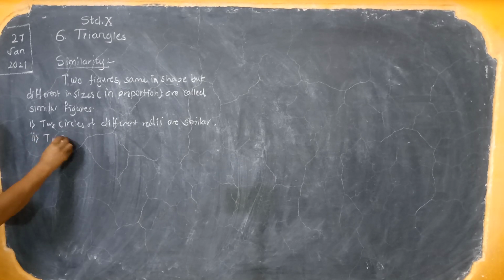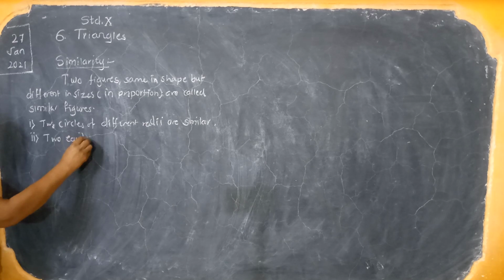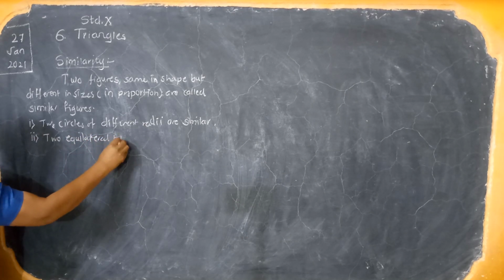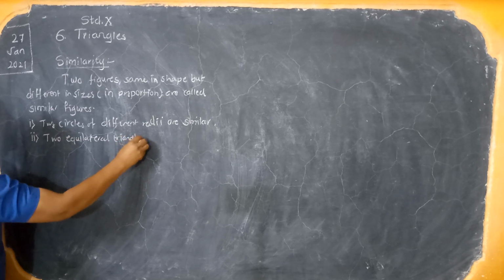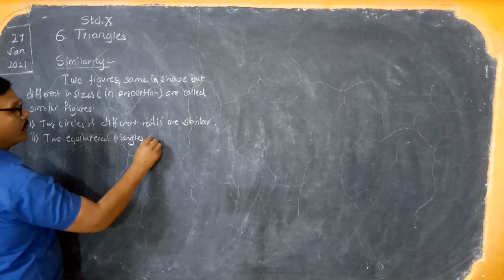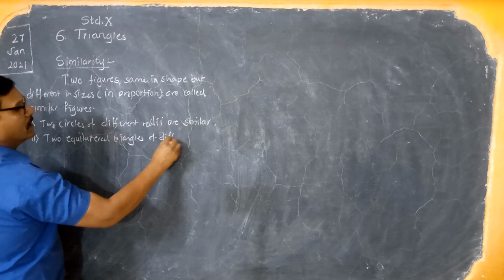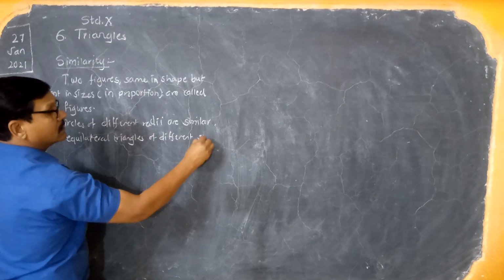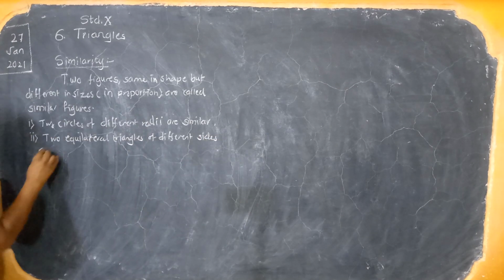Two equilateral triangles of different sides are similar.